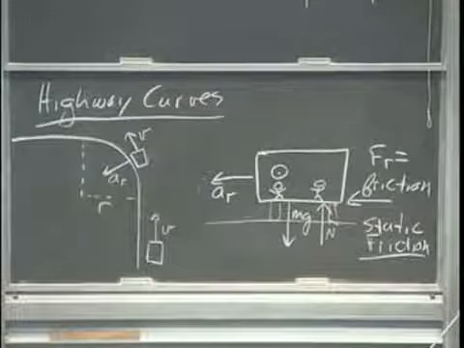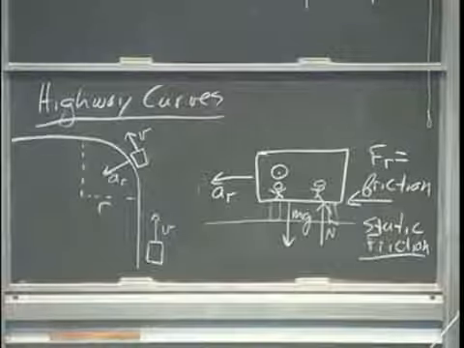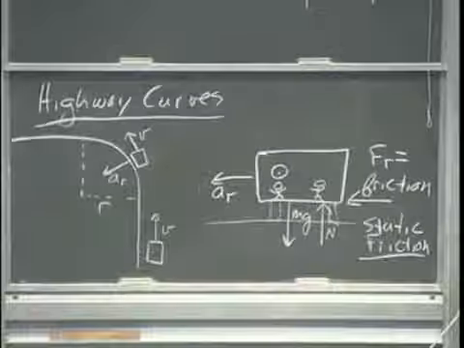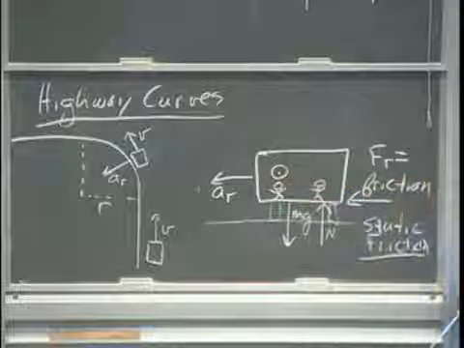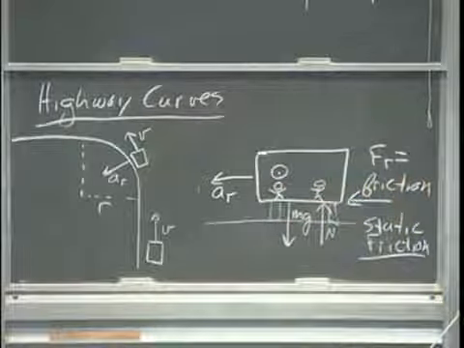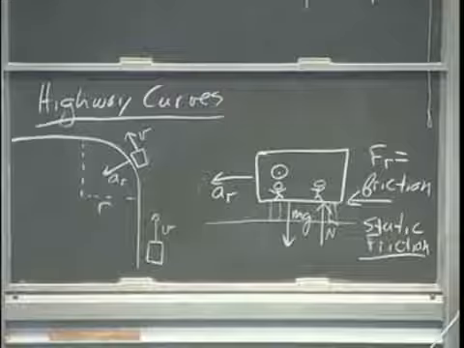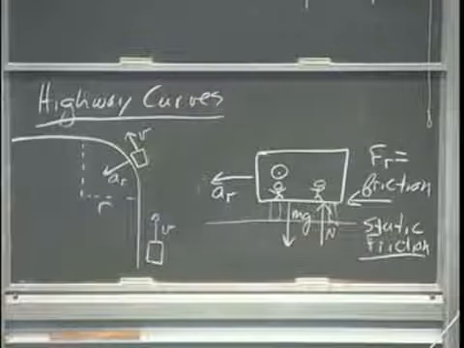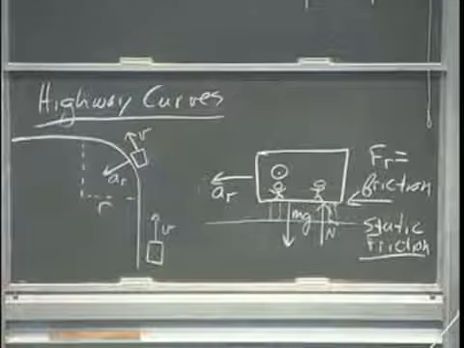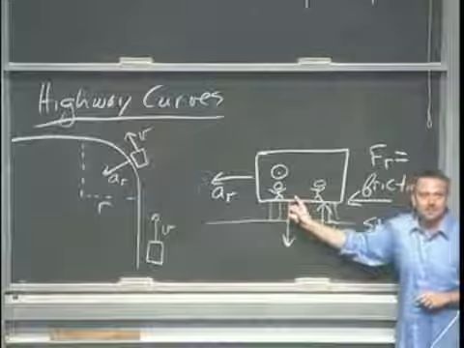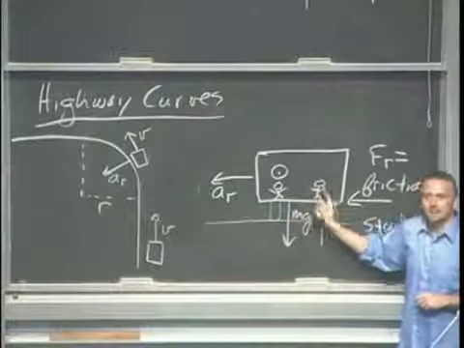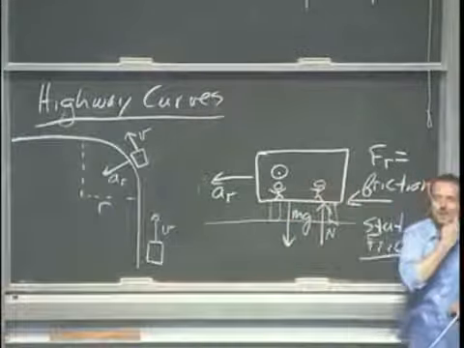The car is accelerating in a circle, but the fact that the car is accelerating in a circle means that you are also accelerating in a circle. And that means when you are in that car, you are in an accelerating frame of reference. You're no longer in an inertial frame of reference, or a non-accelerating frame of reference. This is your frame of reference, the car, and it's accelerating because it's going around a curve.